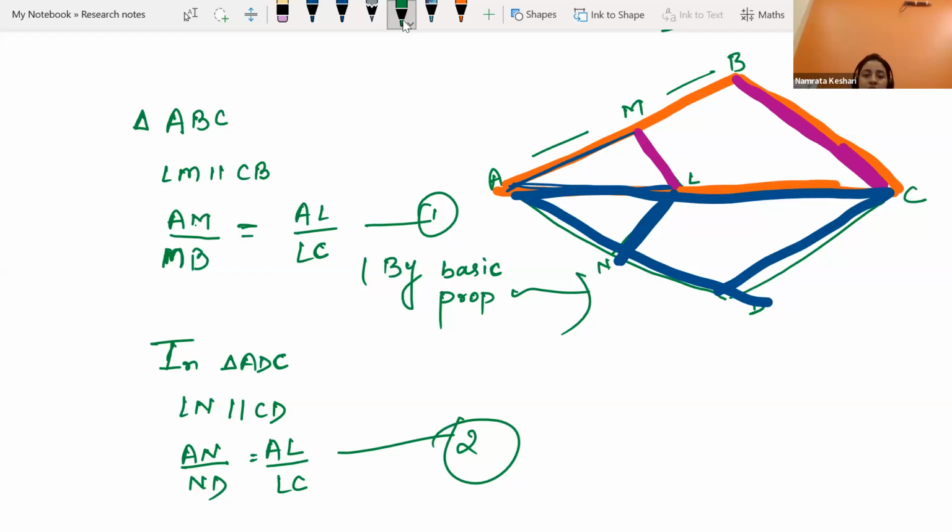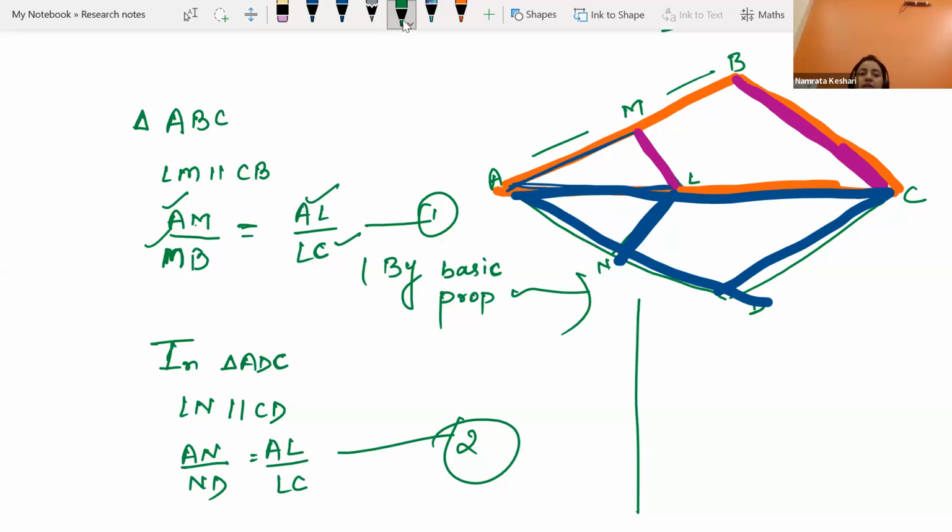Yes. ओके, नाउ इक्वेशन 1 एंड इक्वेशन 2 को ध्यान से देखते हैं. कुछ मिल रहा है हमें इक्वेशन 1 एंड इक्वेशन 2 से? AM by MB, AL by LC.